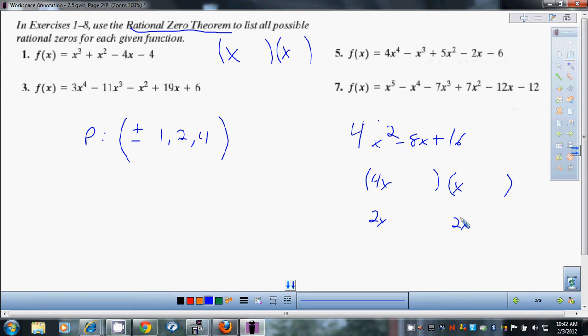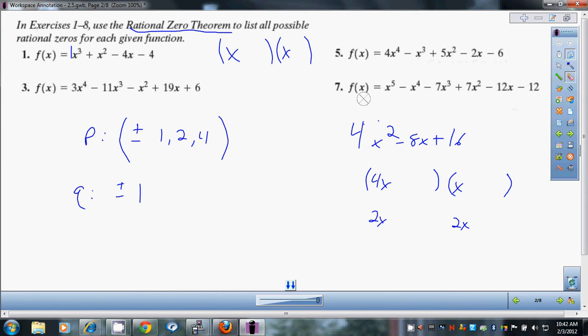Same principle. We now need all the factors of your first coefficient. Well, the first coefficient in this one is just 1. So those are called our q values. Again, don't know why. So the only factors of 1 are just 1, plus and minus 1.